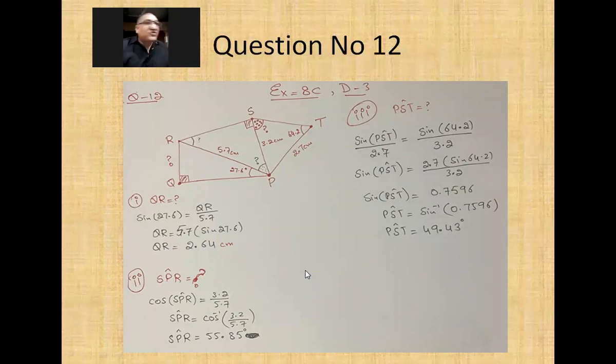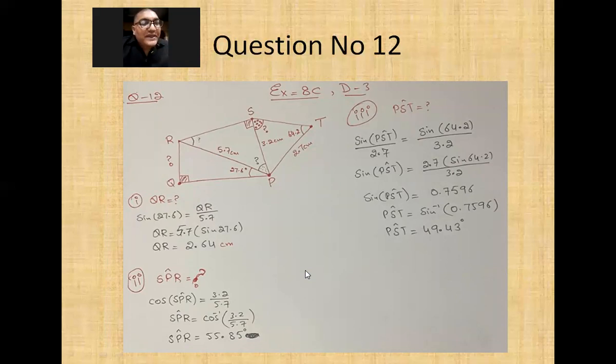For question number 12, the diagram given in the question, I have also drawn here. You can see it on your screen. But the statement I'm reading from the book, D3, exercise 8C. In the figure, angle PQR equals angle PSR equals 90 degrees. So both those angles are 90 degrees.